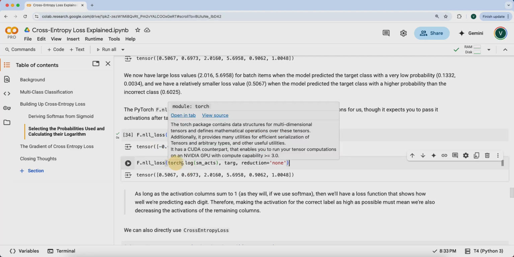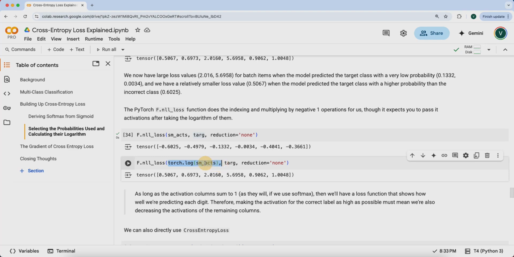Now, if I pass the log of those activations, then we'll see that it does the indexing with targ, multiplies it by -1, and we get back our loss function. So this is effectively our loss function using torch.log and F.nll_loss.